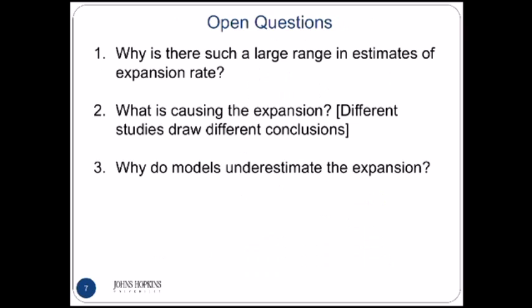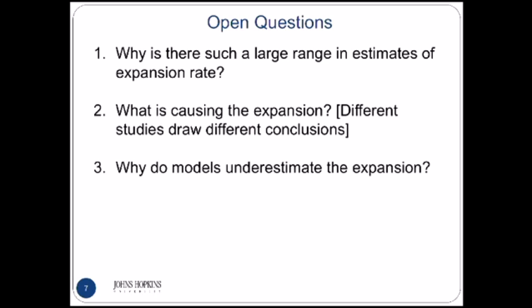So I think there are several large-scale questions. One is, why is there such a large range in these expansion rates? Is it because of different metrics or because of different data sets? We're using reanalyses, so there are a lot of questions there. A second is, what's the cause? You'll be able to find lots of papers that draw conclusions about the cause.